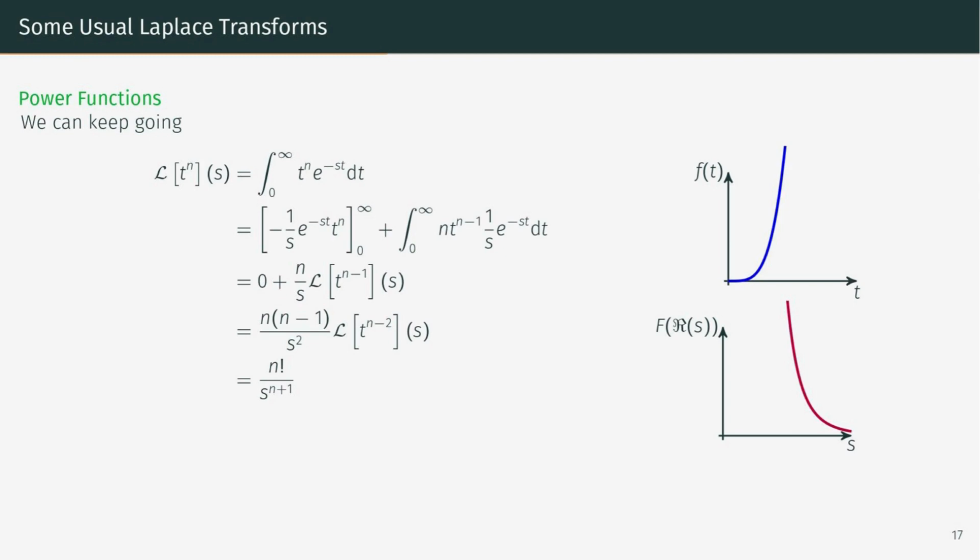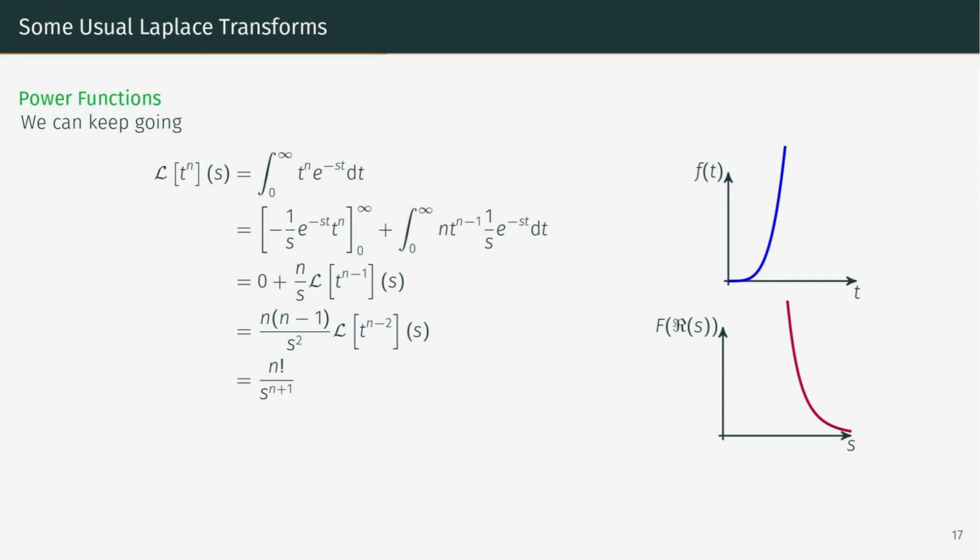Using integration by parts and repeating the same steps as earlier, we can see that this equals negative 1 over s e to the negative st t to the n from 0 to infinity, plus the integral of n t to the n minus 1, 1 over s e to the negative st dt from 0 to infinity.